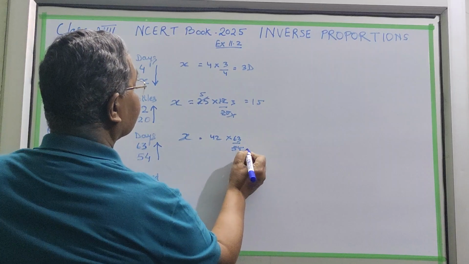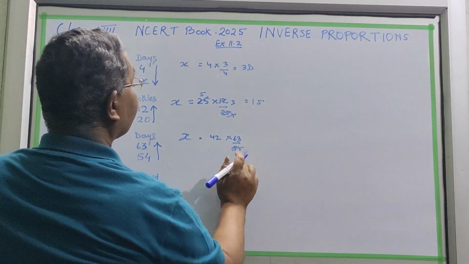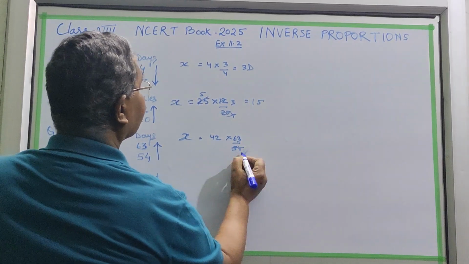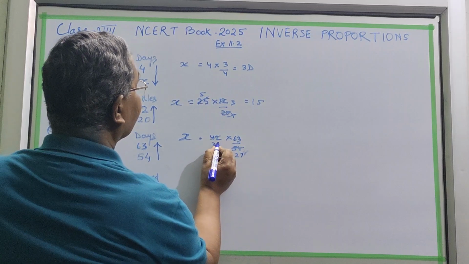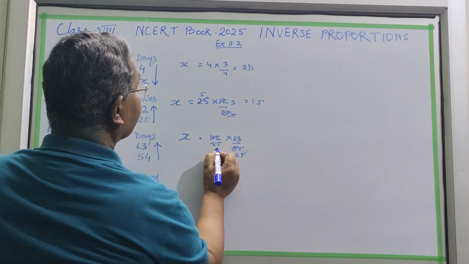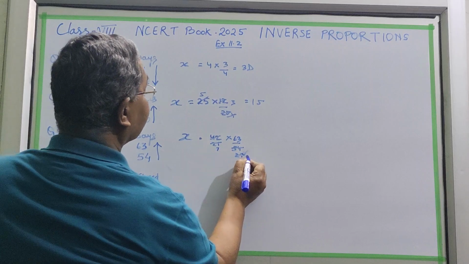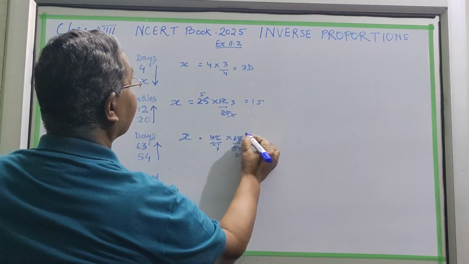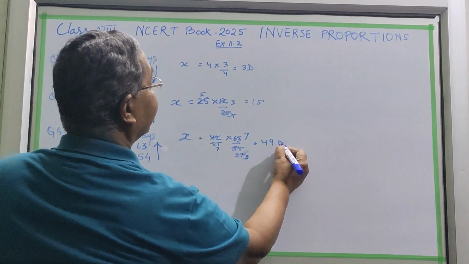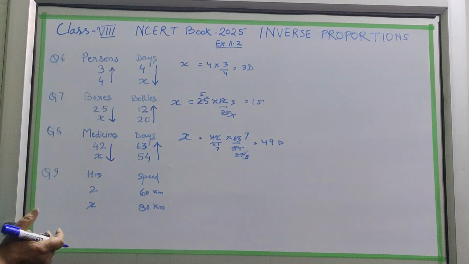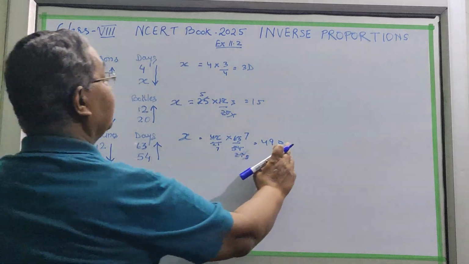So 27 and 21, 3 7s, and 3 9s, 9 7s are 49. So it will be 49. Your answer will be 49 machines.